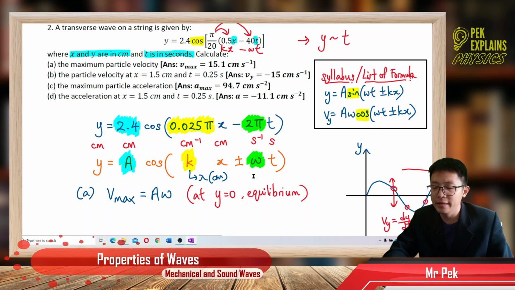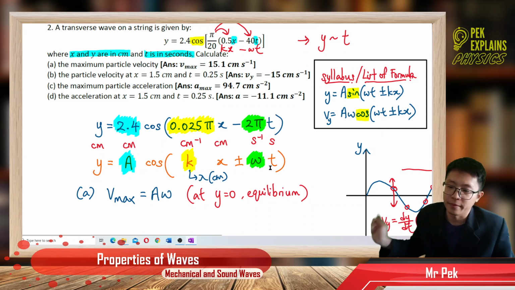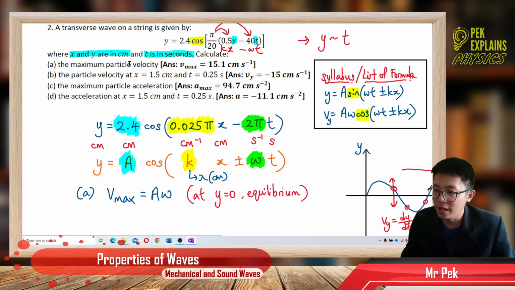And then how about the omega? Your time is in second, so my omega is per second. That means from omega you can get frequency and period. My omega is per second, so my period is in second.